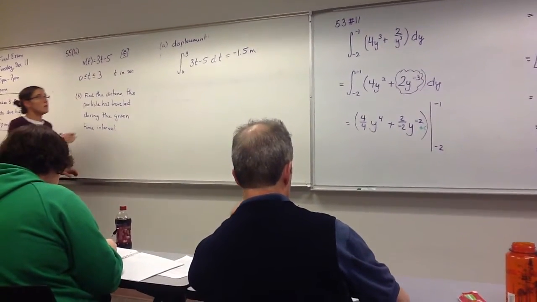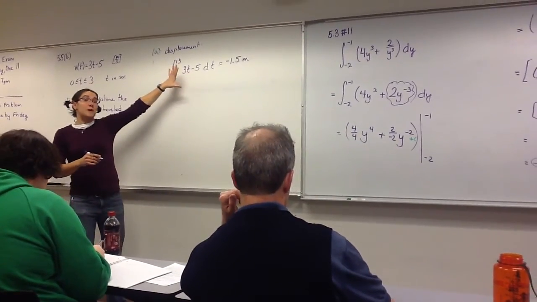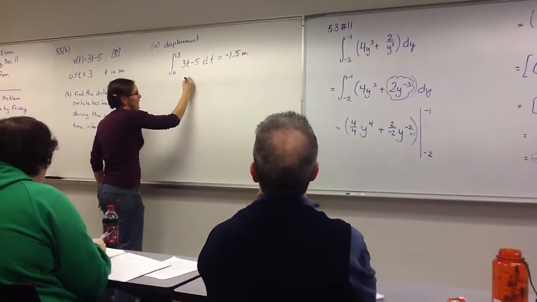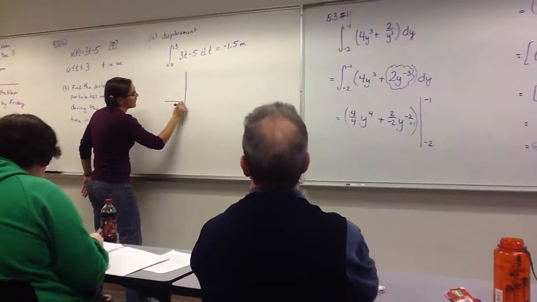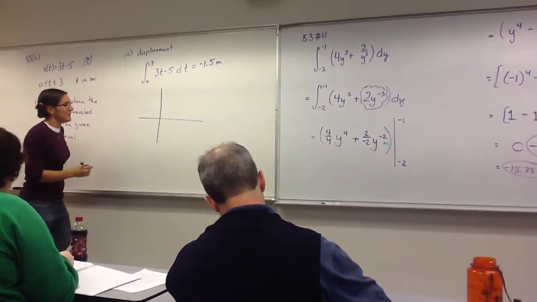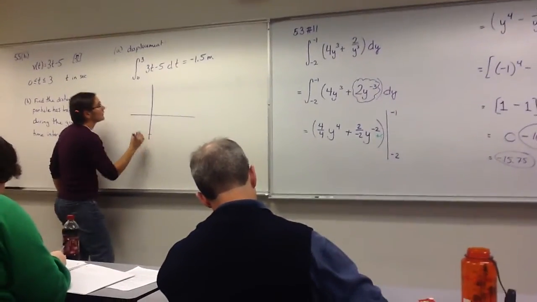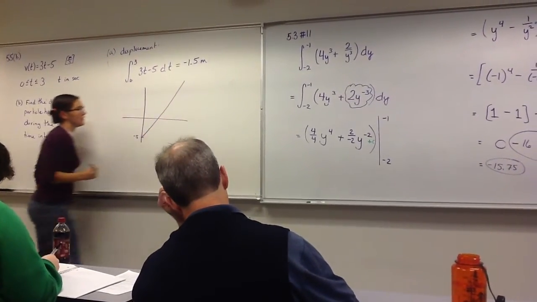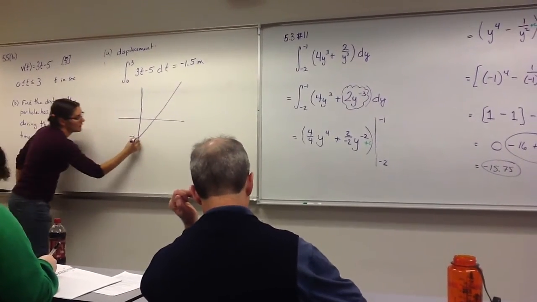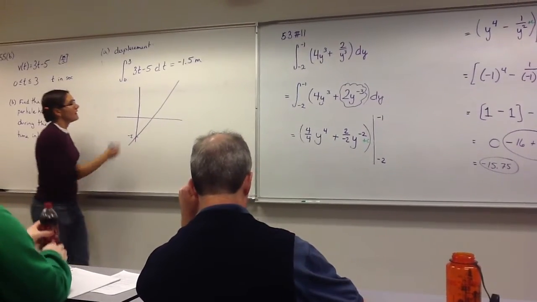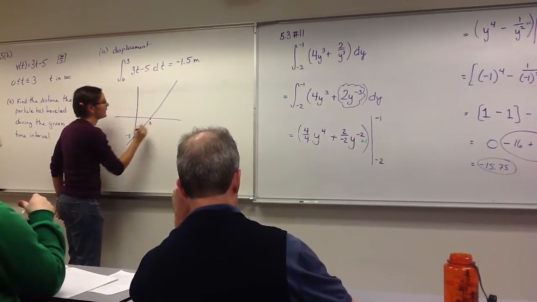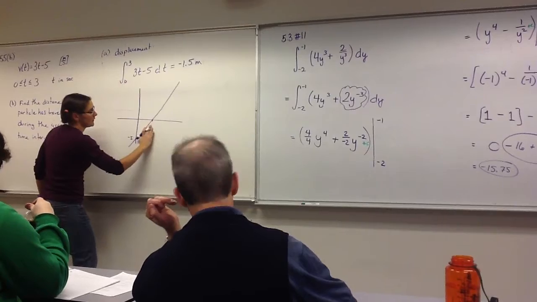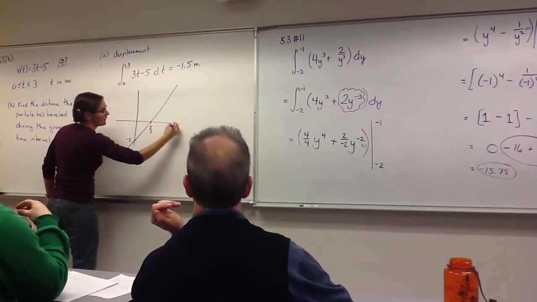Okay, great. So I'm going to go back to part A for a minute. In this part A, if I draw a picture of 3t minus 5, we're going to hit the y-axis at negative 5, and we're going to have some sort of a line with a slope of 3, and our line will cross here at 5/3.